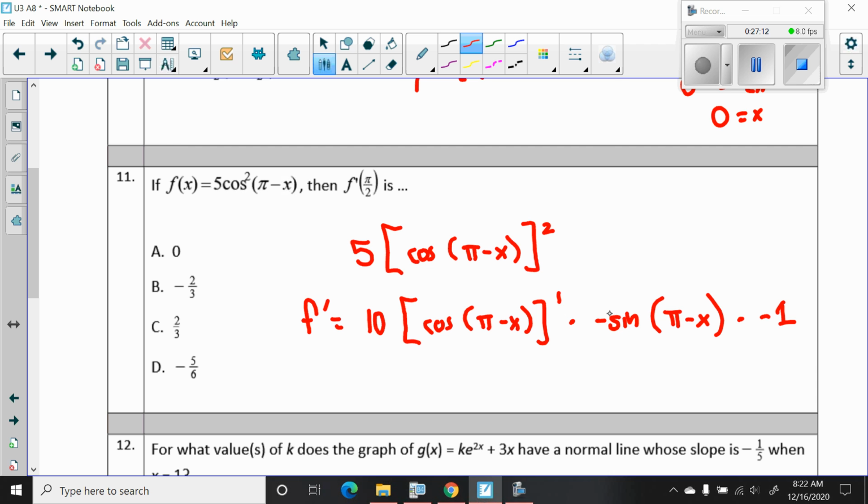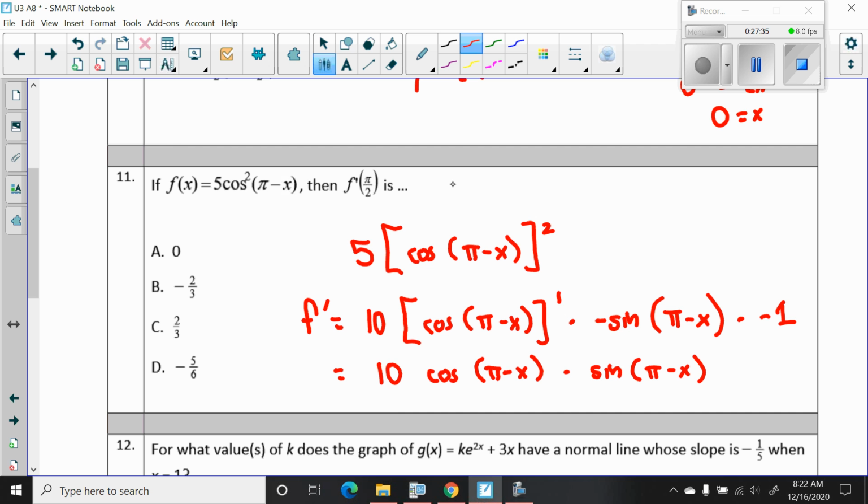And if we put all that together, we got a negative 1, 10. So it should just be 10 times the cosine of pi minus x times the sine of pi minus x. And we're going to put in pi over 2, so we're taking away 1/2 of pi.